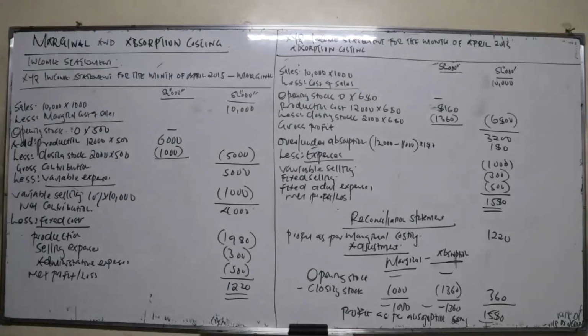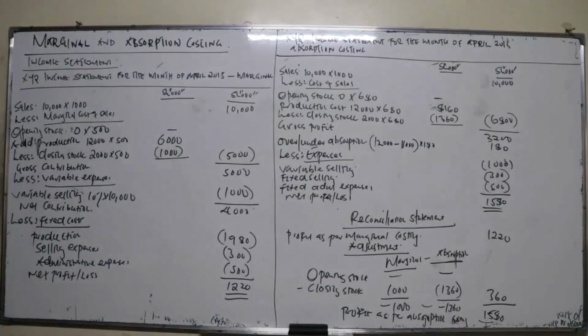One considers variable cost per unit, and the other considers the total cost. So if we take the change in stock rather than closing stock, and then multiply by the fixed cost per unit, we still get the same result.